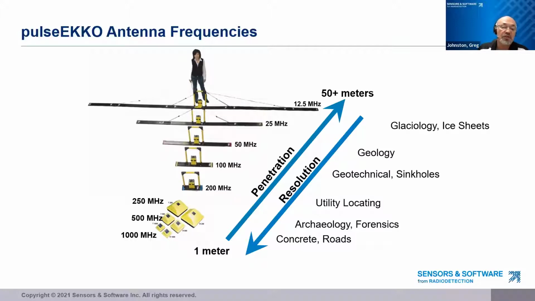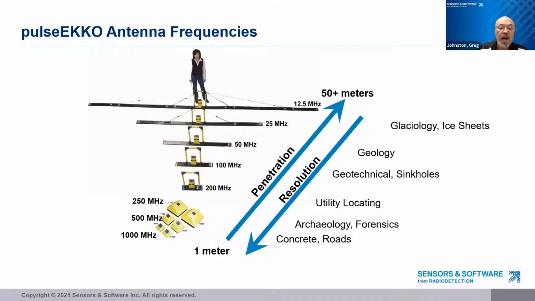If you're looking at geotechnical applications, like for example, looking at sinkholes, you're probably going to be in that 100 megahertz, 200 megahertz range. Utility locating sits in the 250 to 500 megahertz range. Archaeology and forensics, often around 500 megahertz.